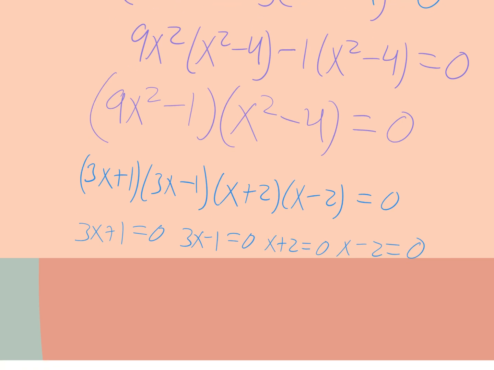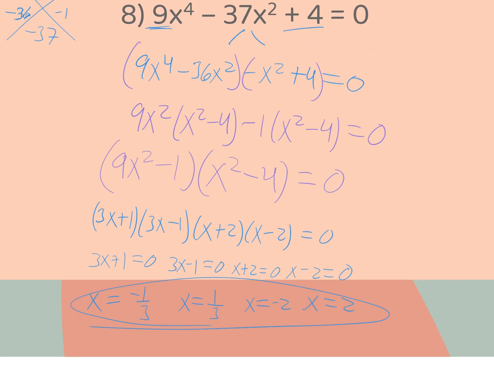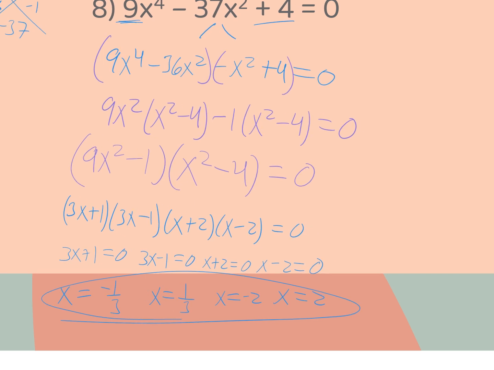Now if you solve all of these out, you should get x equals negative 1/3, x equals positive 1/3, x equals negative 2, and x equals positive 2. 4 answers. If you like to see the 4 factors so that you can see your 4 answers, you can do it that way. Or you can do it the same way that you've been doing it before and just set each of these factors equal to 0.